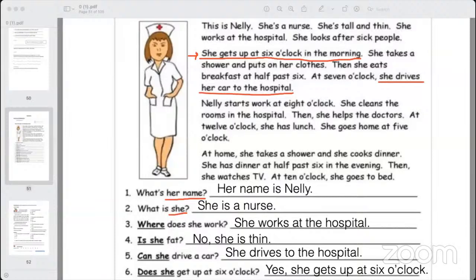Do any of you have any questions to ask? Not sure about how to write answers in full sentence? Don't sit there in silence.